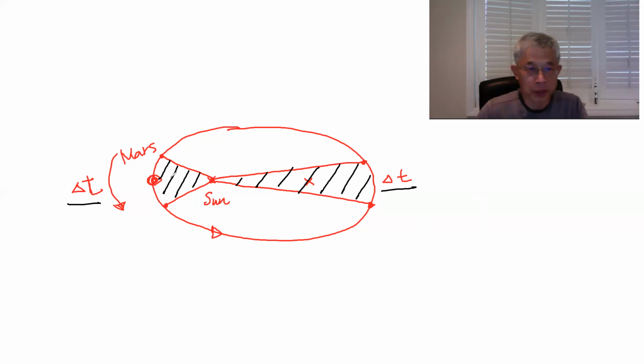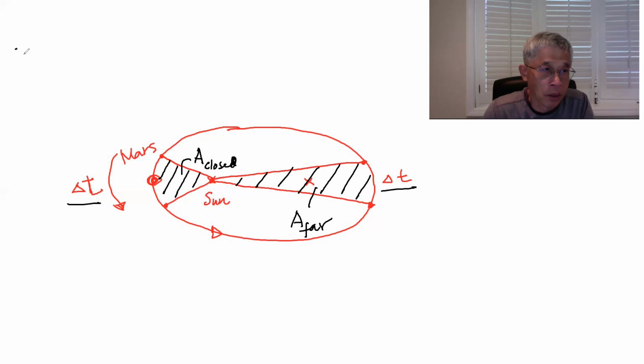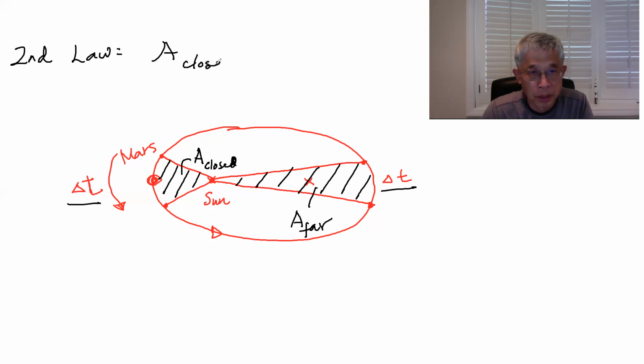These two areas, we're going to call this one here A close, right? And we're going to call that A far, right? So we are further away from the sun, right? So these two areas, if the delta t are the same, Kepler's second law says that A close is equal to A far.